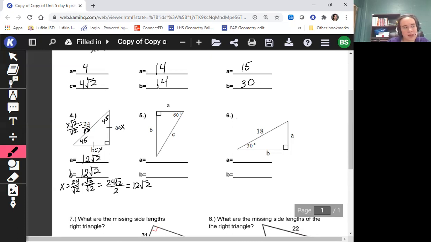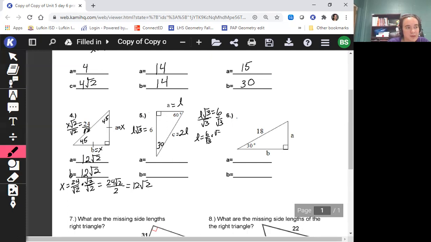Our next one, we have a 30, 60, 90 triangle. Our short side is L. Our middle length side is L square root of 3. And our hypotenuse is 2L. So we have L square root of 3 equaling 6. So we need to divide by the square root of 3 on both sides. And that gets us L equaling 6 over the square root of 3. But again, we can't have a radical in the denominator.